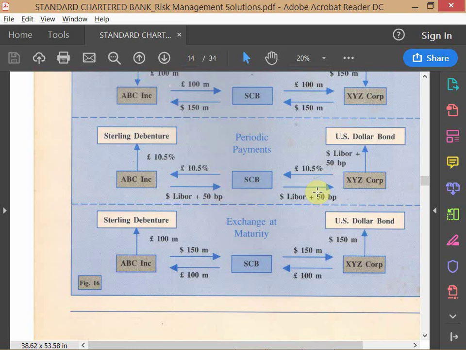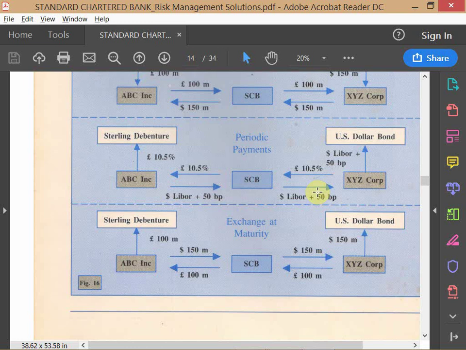So going back stepwise once again instead of coming to the answer, remember that the objective of XYZ Corp is to convert their liabilities to fixed rate sterling. So they will want to do a cross currency IRS with Stanchart, and they will ask them this way: you give me the sterling fixed rate that for you is an equivalent to dollar LIBOR plus 50 basis points.